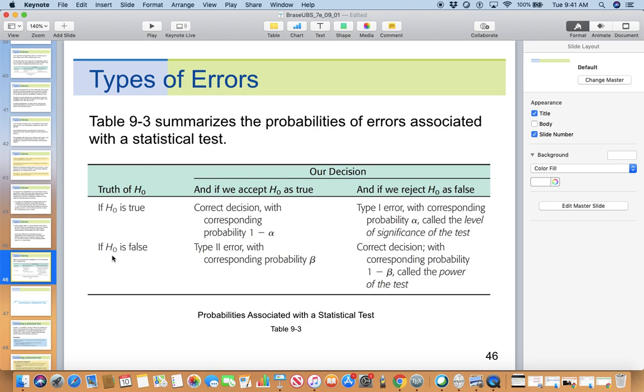If H naught is false and yet we accept it as true, then this is type 2 error. Its probability is beta. Suppose H naught is false and we reject H naught. This is a correct decision. The corresponding probability is 1 minus beta. It is called the power of the test.